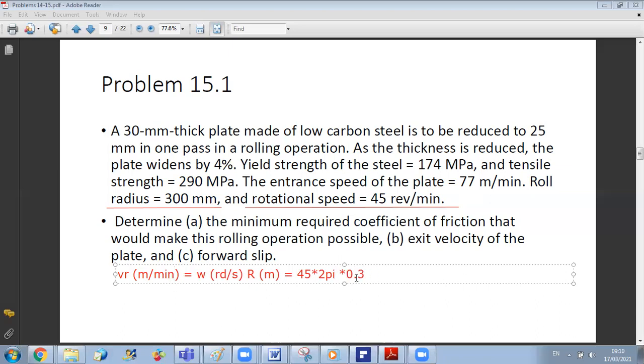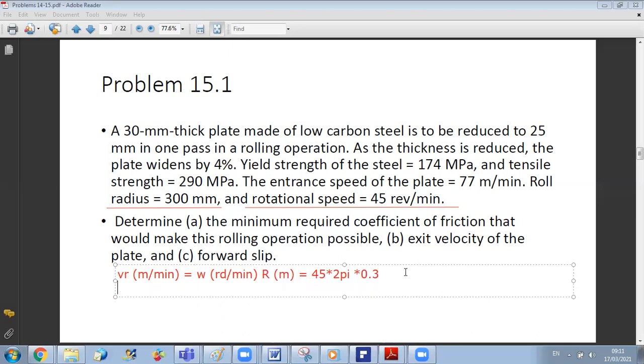Okay, as simple as that. In this case, you will get omega in radians per minute, not in radians per second. So you can play with units as you want, just make sure to have suitable units. And if you work in meters per minute here, also here you should work in meters per minute.